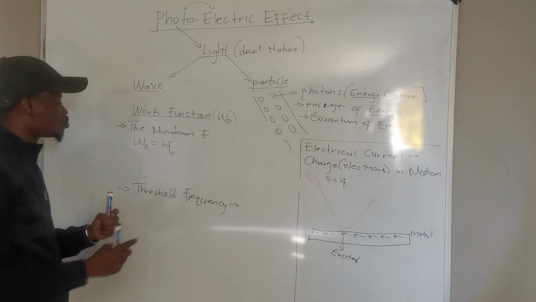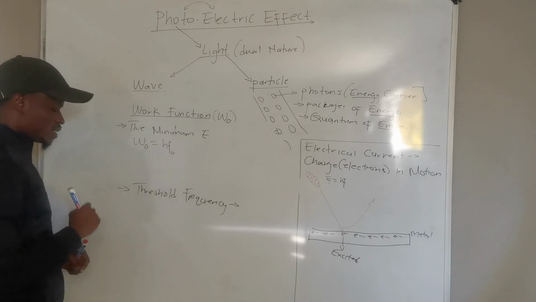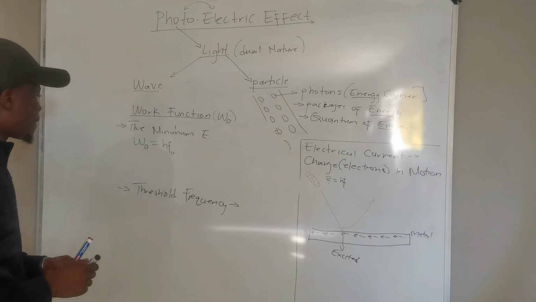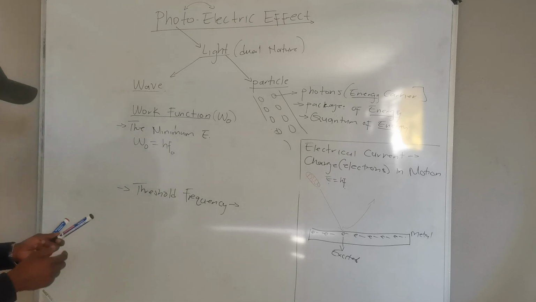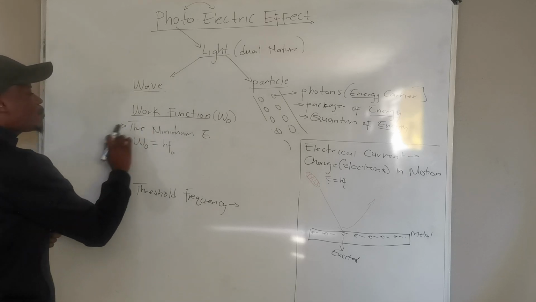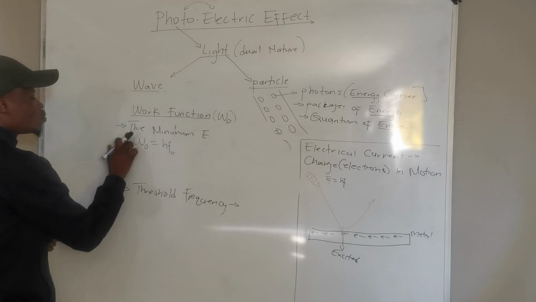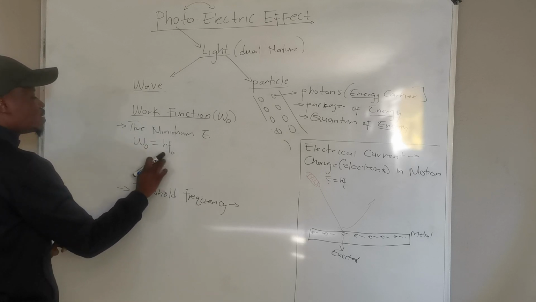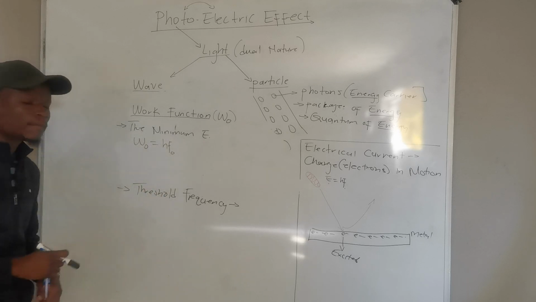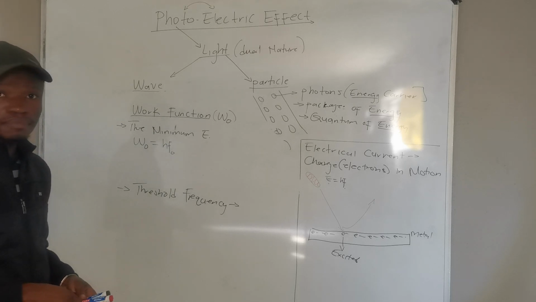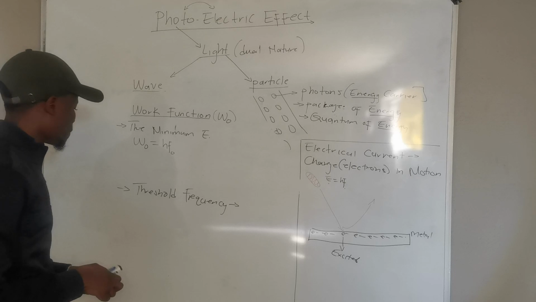What does that tell you? The work function is an energy. Are we together there, guys? Okay. Therefore, the minimum energy corresponds with the minimum frequency. That is why we say the work function is equal to the Planck constant multiplied by the threshold frequency. Are we together? Okay.